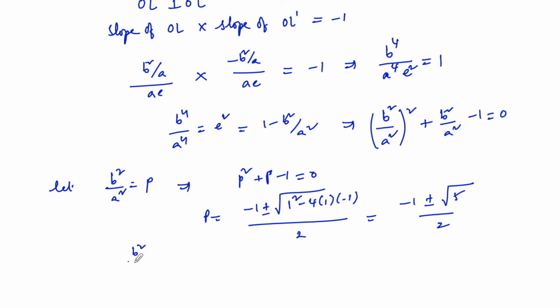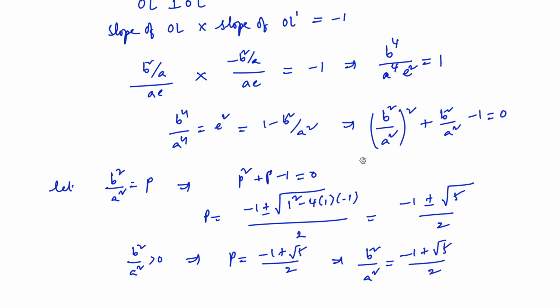Since b square by a square is positive value, we consider that p is equal to minus 1 plus root 5 divided by 2. So that is b square by a square is equal to minus 1 plus root 5 divided by 2.